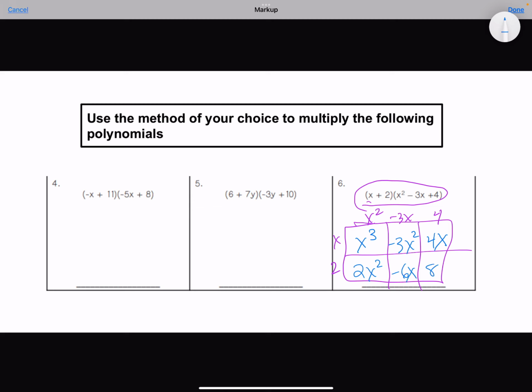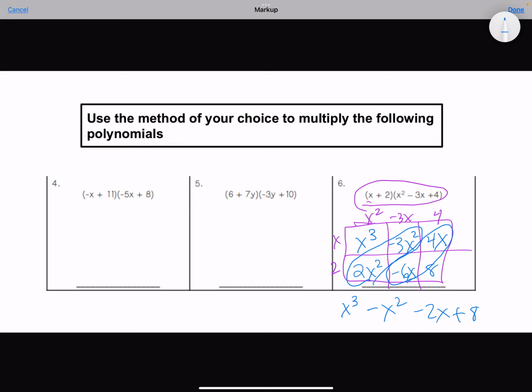And again, here, you're doing the diagonal. So I start with x to the third power, 2 minus 3, negative x squared, negative 6x minus 4 is negative 2x, and then we have plus 8.